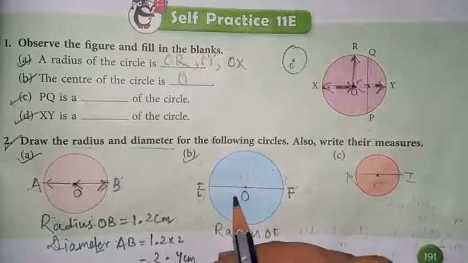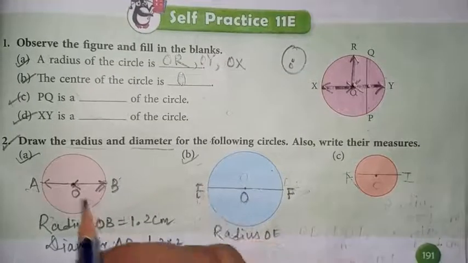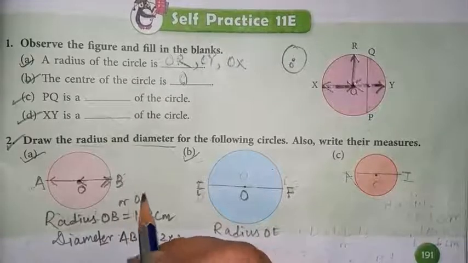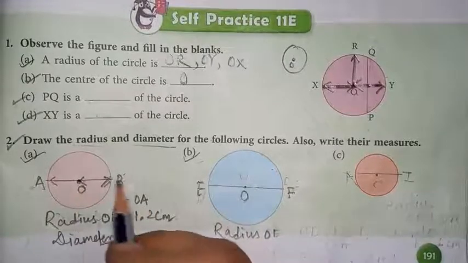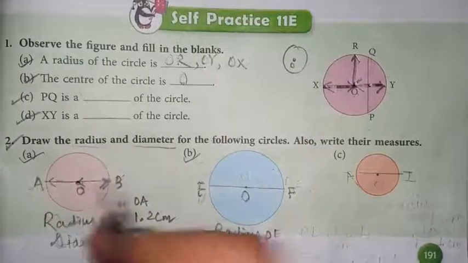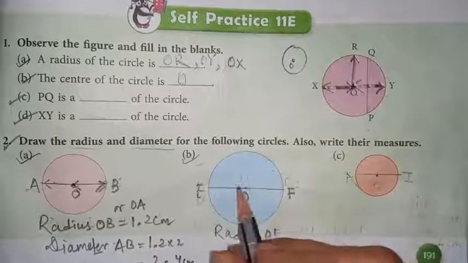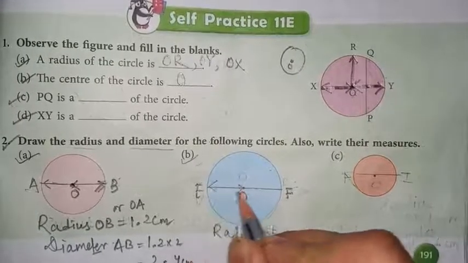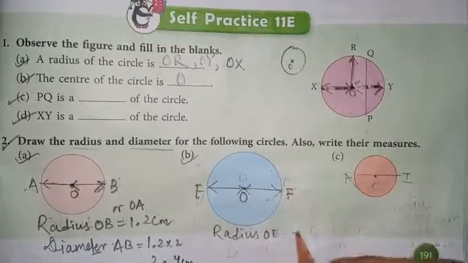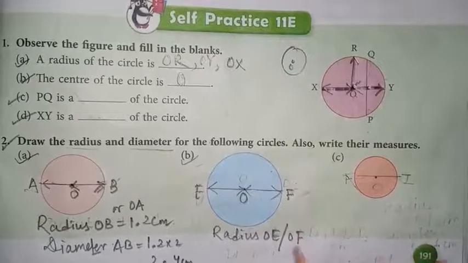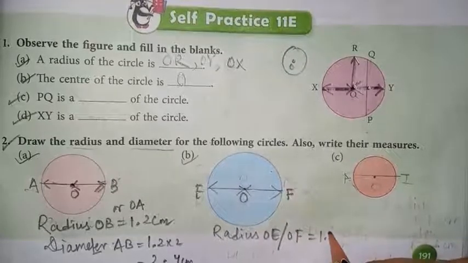Here you'll find two radii, right? Here the radius may also be OB or OA, anywhere, right? Both are passing through the center only. So OE and OF, both are radii. OE or OF is equal to 1.1 point.